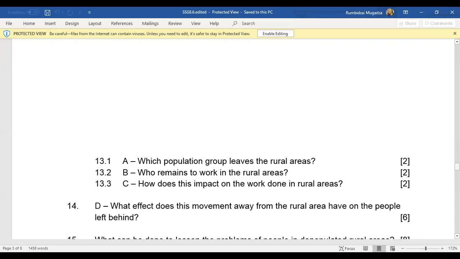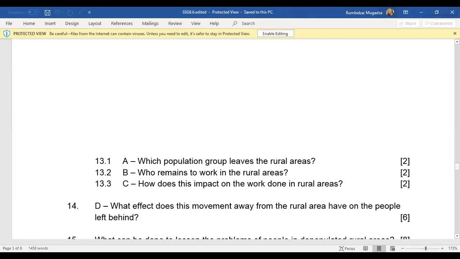So it's mostly the young people. Okay, thank you, Musa, for your answer. Mostly the young people leave rural areas for urban areas. Isn't it they want to look for better opportunities? They want to find jobs. They want to have better education. So they leave the rural areas.